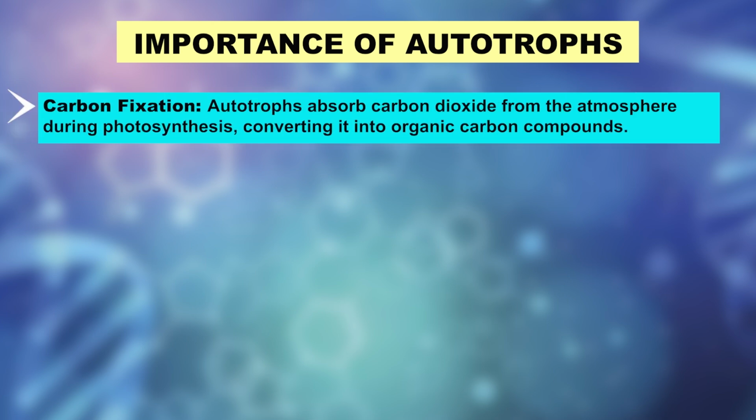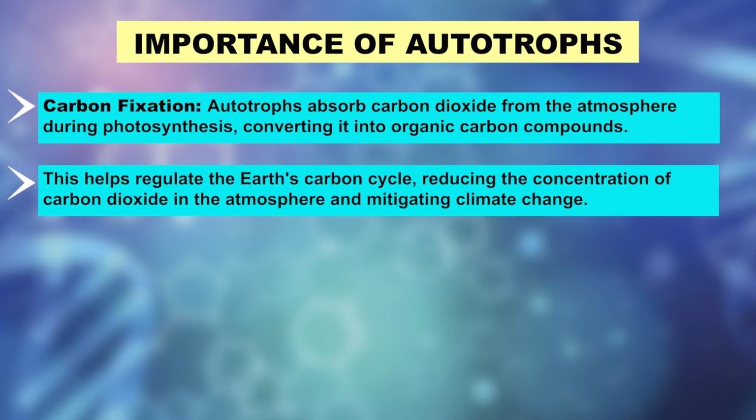Autotrophs absorb carbon dioxide from the atmosphere during photosynthesis, converting it into organic carbon compounds. This helps in regulating the Earth's carbon cycle, which reduces the concentration of carbon dioxide in the atmosphere and mitigates the change in climate.